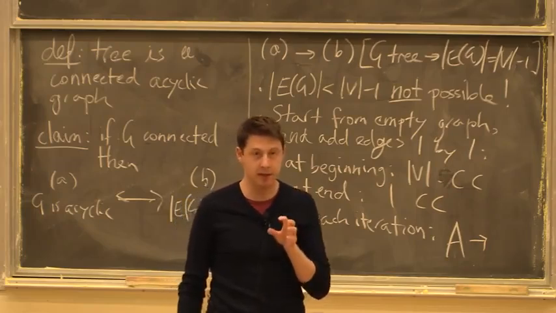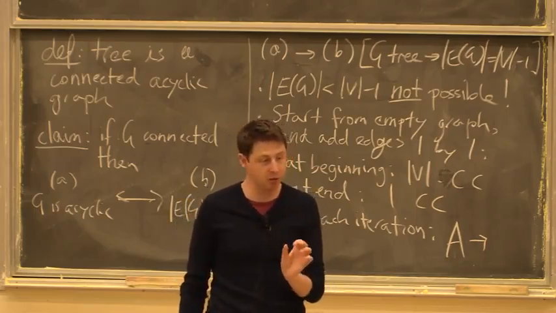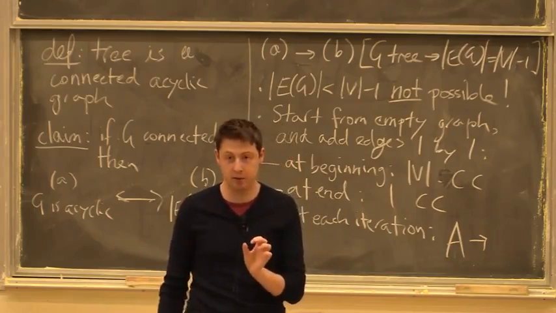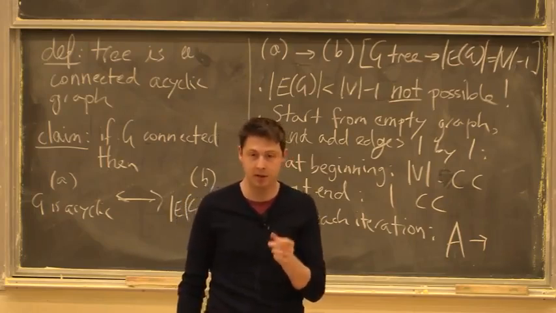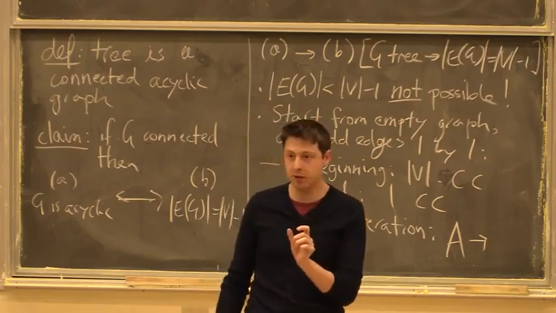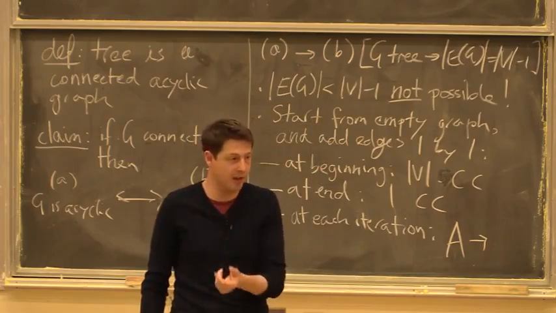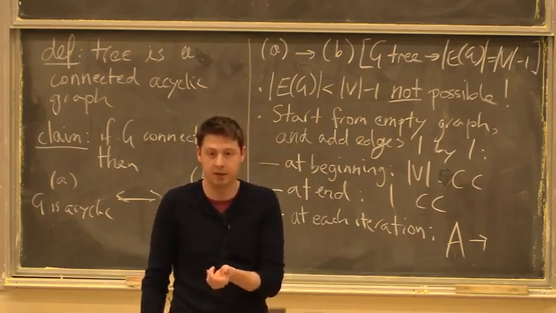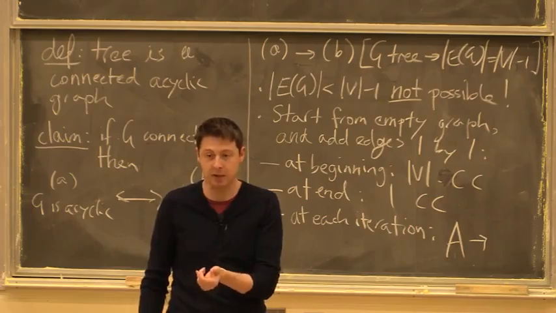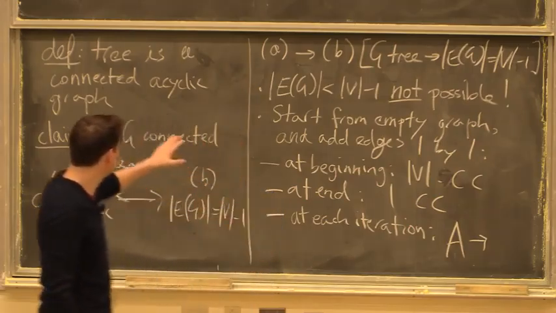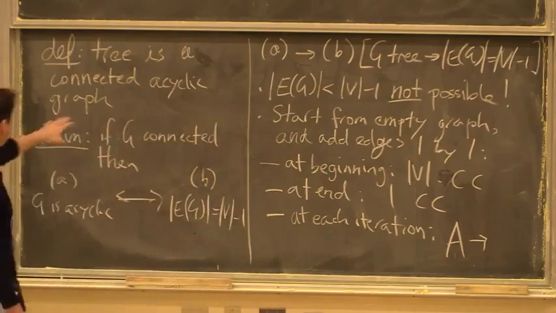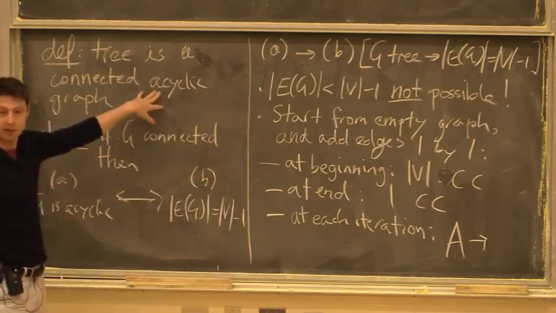Why? Because if I'm connecting two things already in the same connected component, I will get a cycle. The two things that are already in the same connected component, by definition, already have some path. That path is not this edge that I'm putting in because it's not there yet. When I put it in, I'll create a cycle. But that's not okay because when I put in all the edges, there's supposed to be no cycles.